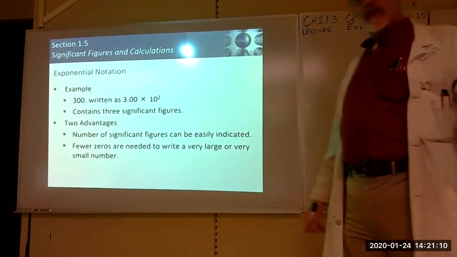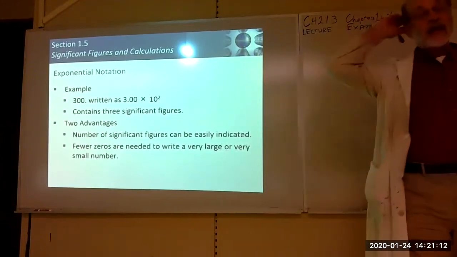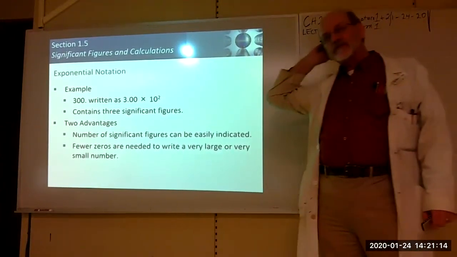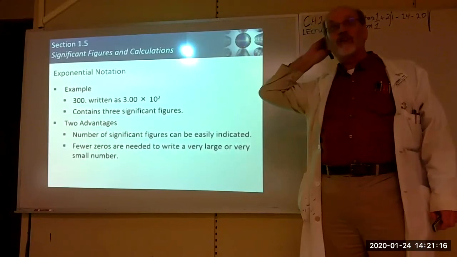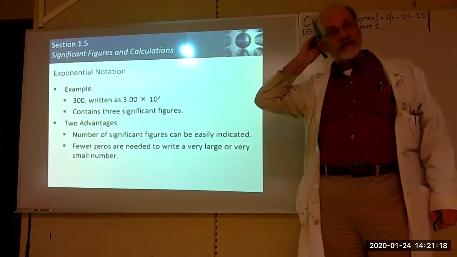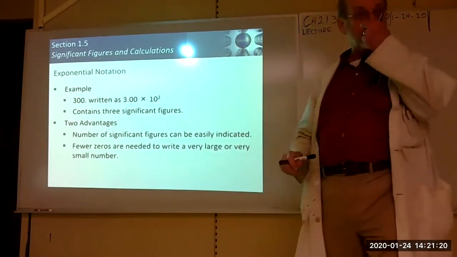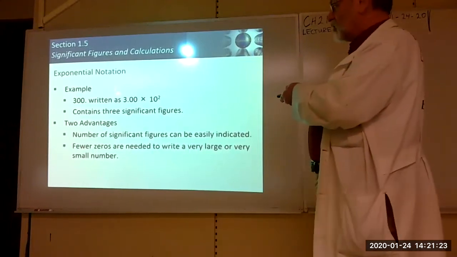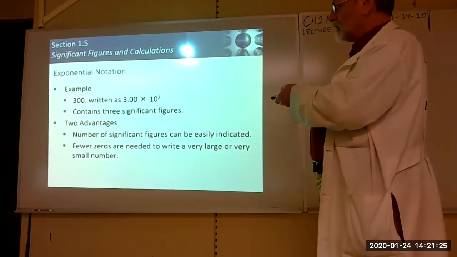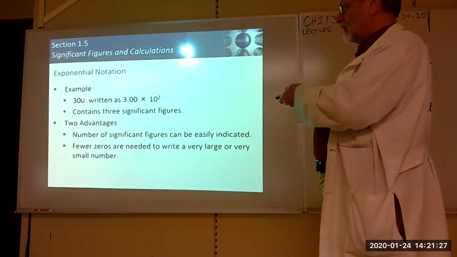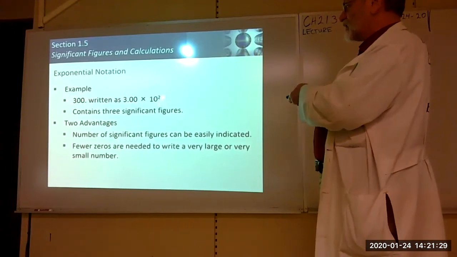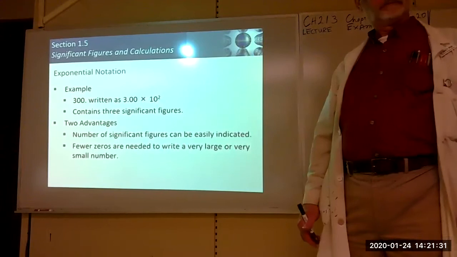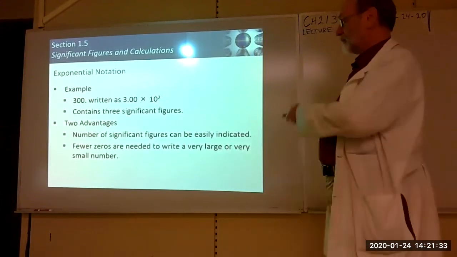Now, what's the difference between exponential notation and scientific notation? They're different. They're related, but exponential notation simply means that you converted a standard number into a number that has 10 to the exponent. Okay, that's all that's required.